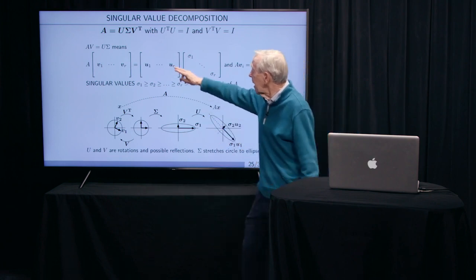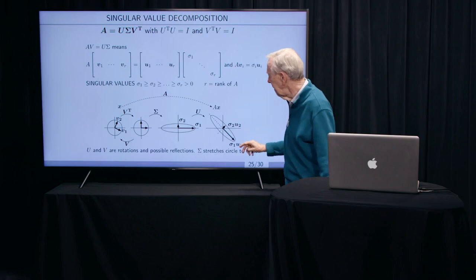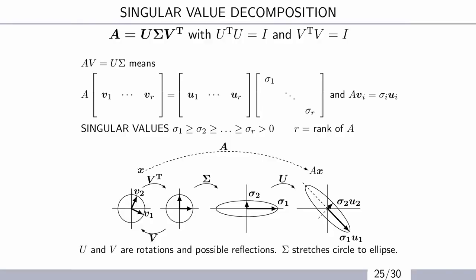And then the last guy, the U, is going to hit last. It takes the ellipse and turns it again. It's again a rotation. Rotation, stretch, rotation. I'll say it again. Rotation, stretch, rotation. That's what singular values and singular vectors do, the singular value decomposition.